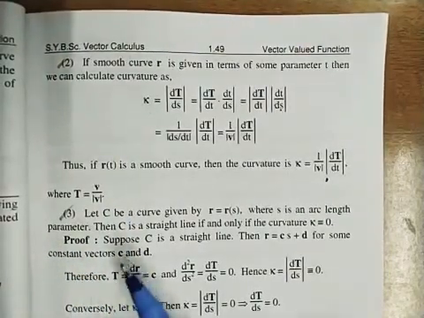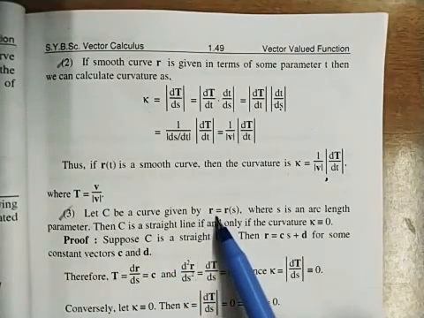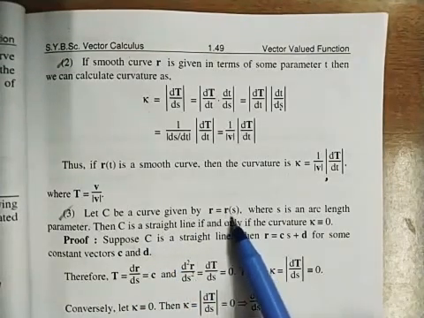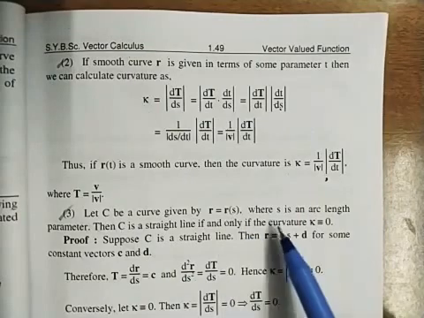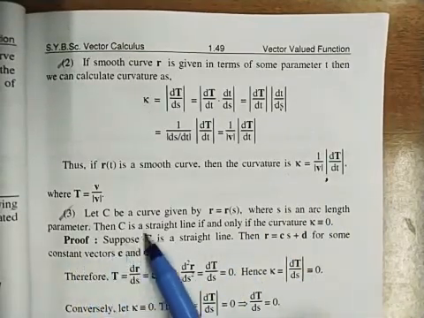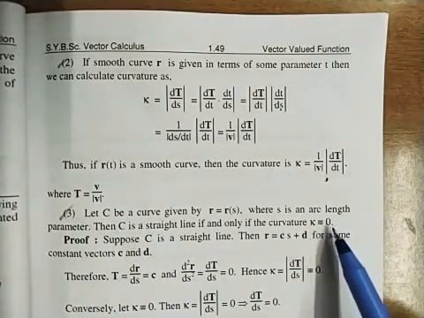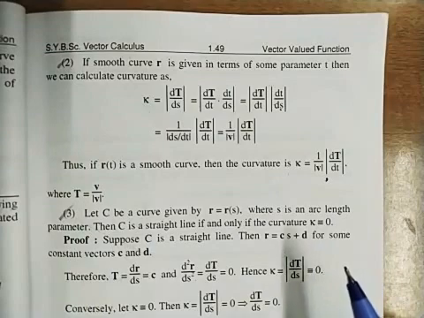And the third remark is, if C is a curve given by r equals r of s, where s is the arc length parameter, then C is a straight line if and only if the curvature kappa is equal to 0.